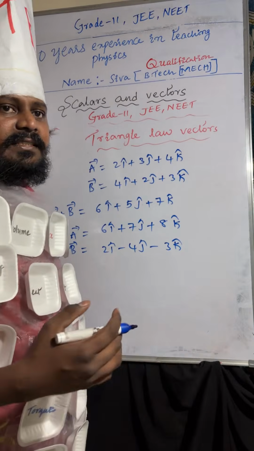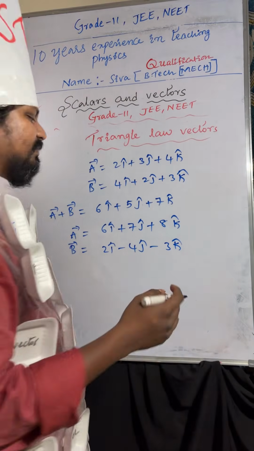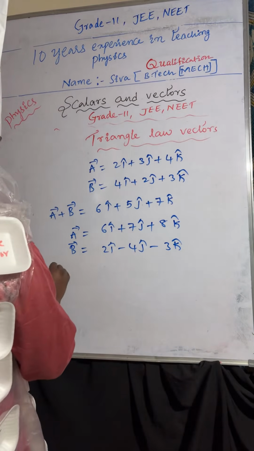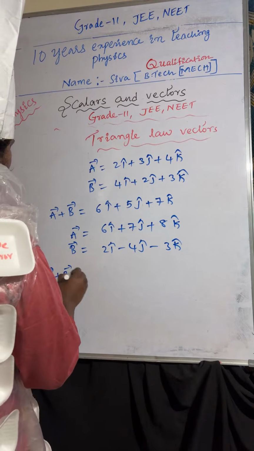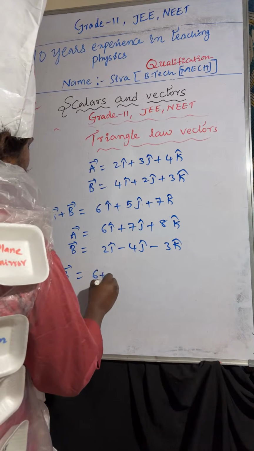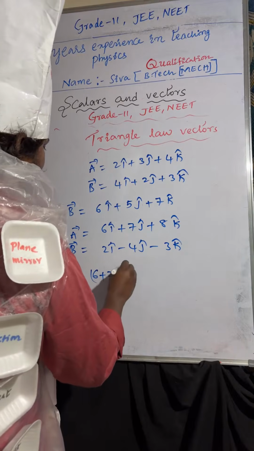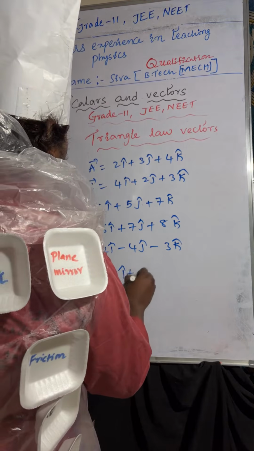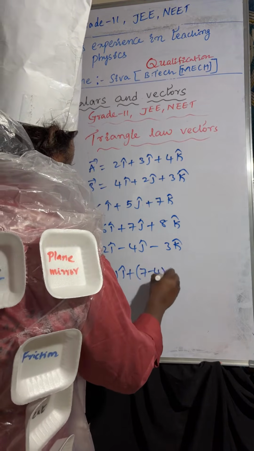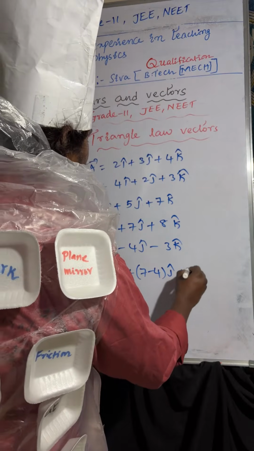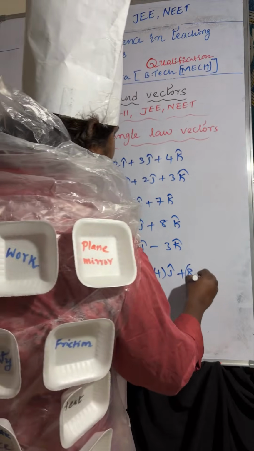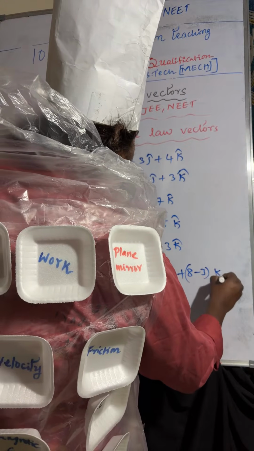Even if minus is there, simply you can add. A bar plus B bar equal to 6 plus 2 i cap, plus 7 minus 4 j cap, plus 8 minus 3 k cap.